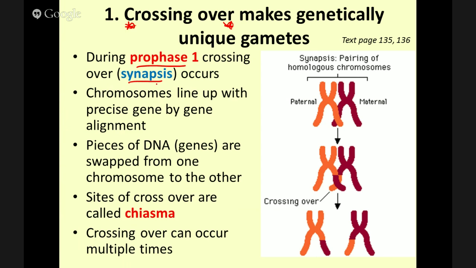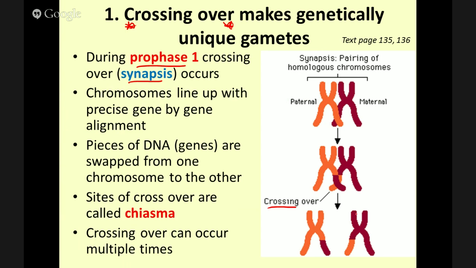That's called synapsis. And then crossing over, see how they're starting to wrap around each other, and then they swapped a little bit of genetic data with each other. So that's the crossing over part, when you swap the genetic data. Now the paternal chromosome, the one from the dad, has a little bit of data from the mom's chromosome on it.